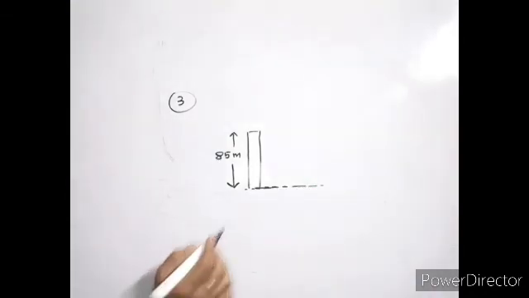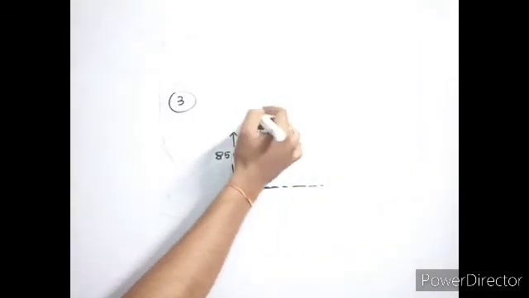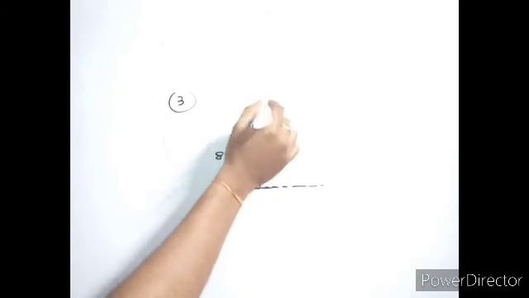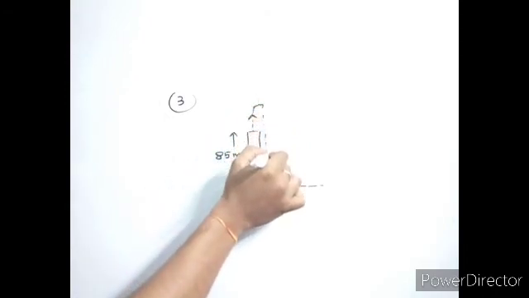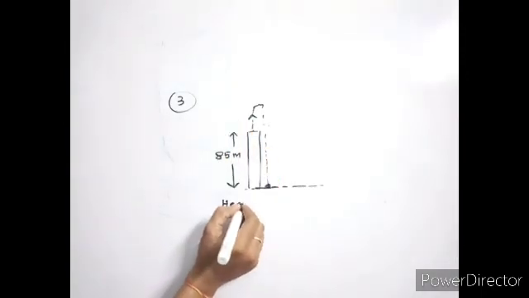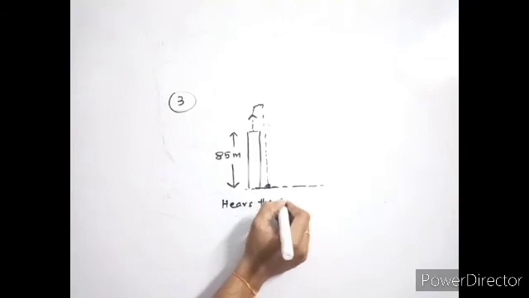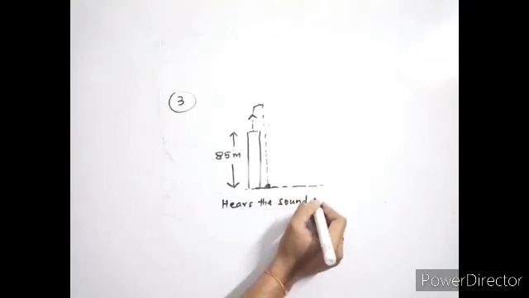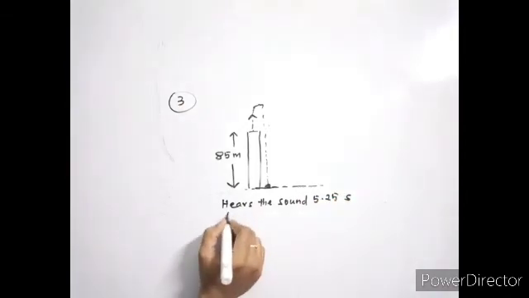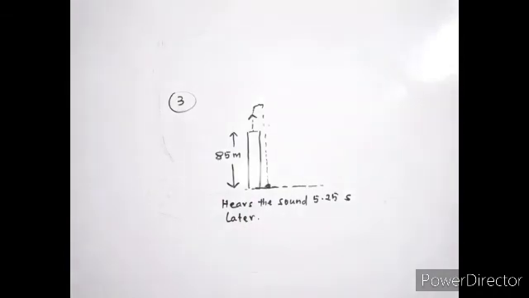Okay, so that is the ground level, and 85 meters in height, and he throws a ball, or anything, a solid object which goes up and then comes down, and as it strikes the ground, thereafter he hears the sound after 5.25 seconds. Okay, so 5.25 seconds later is the time from the point of release from his hands in the upward direction.